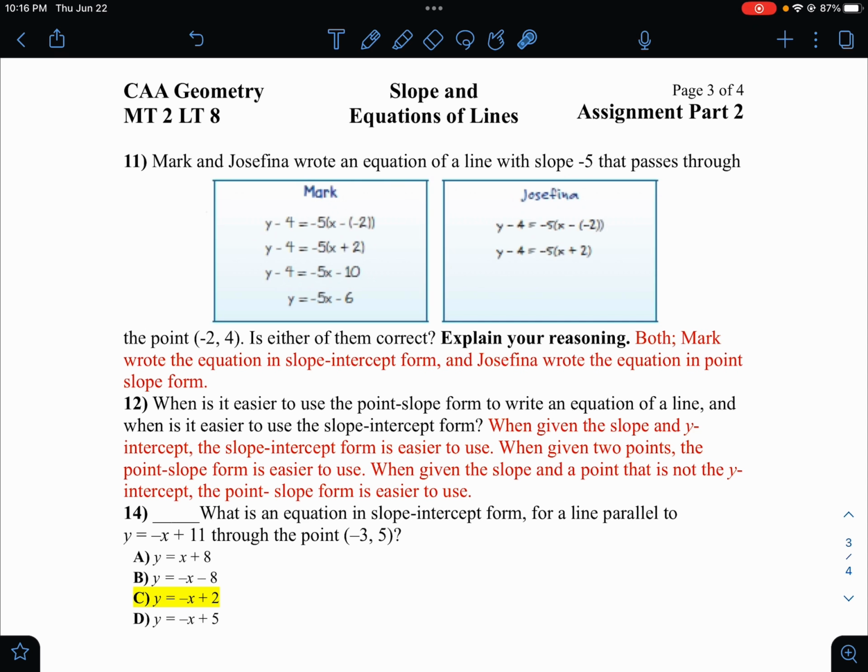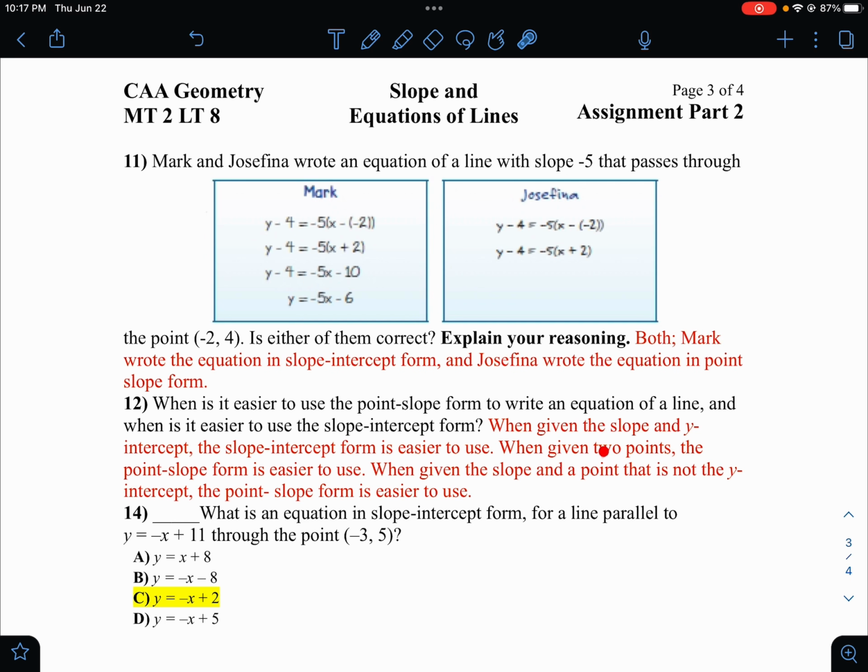Number 12. And this kind of leads to number 11, and number 10 kind of leads to number 12. When is it easier to use point-slope form, and when is it easier to use slope-intercept form? Well, it's easier to use slope-intercept form if you know the slope and the y-intercept, or at least you know the y-intercept, and then you can find the slope.